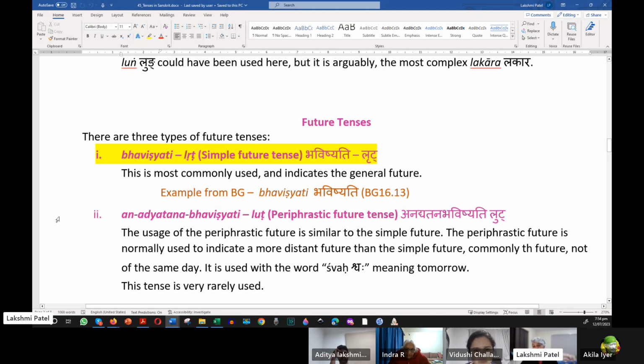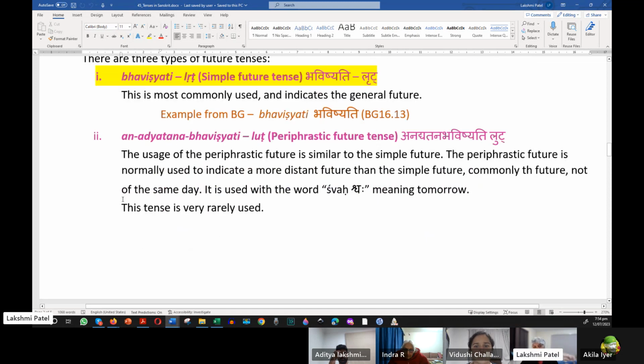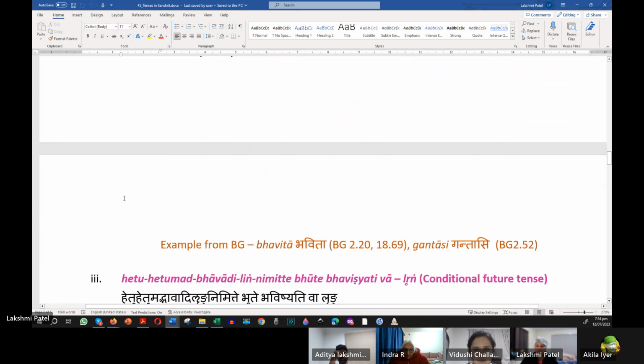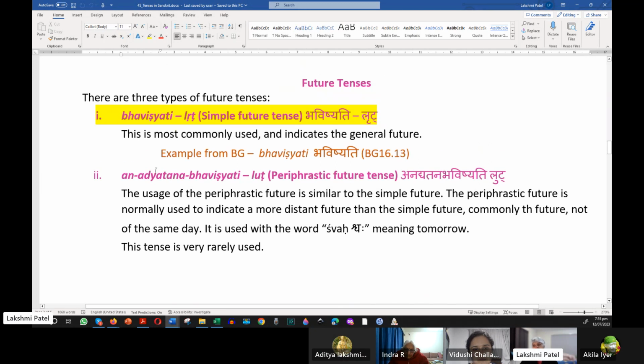Now, anadyatana bhavishyati, something which is going to happen not today. So usually it's used with shvaha. And this is something which is very rarely used. Bhavita vana bhuyaha. So, gantasi nirvedam. These are all in future, sometime in future, not today.